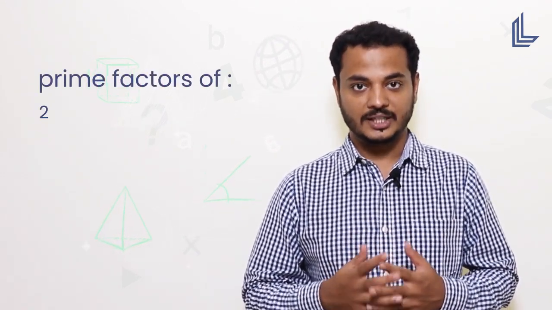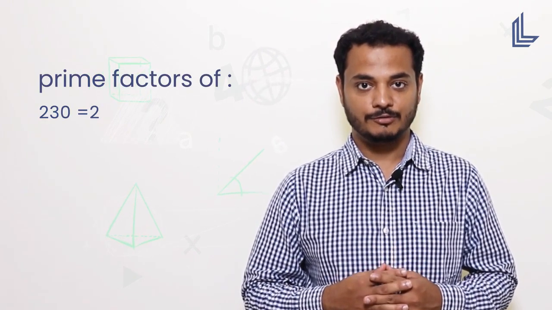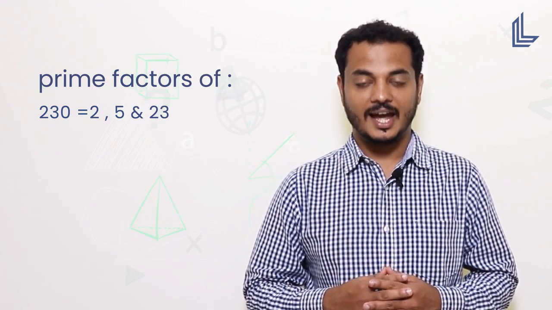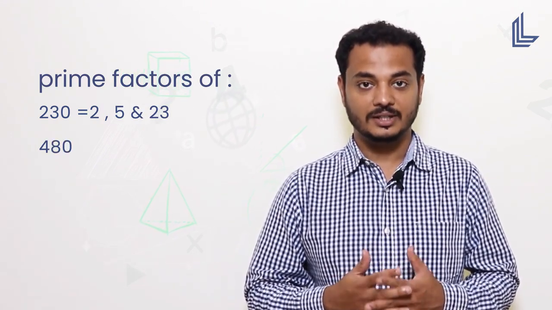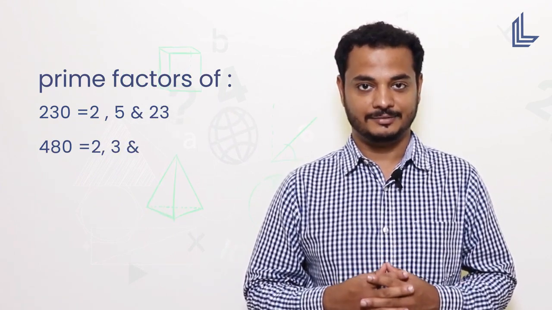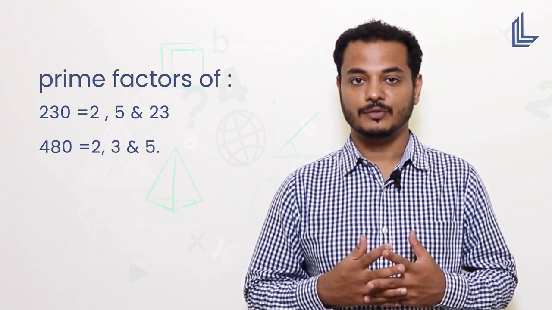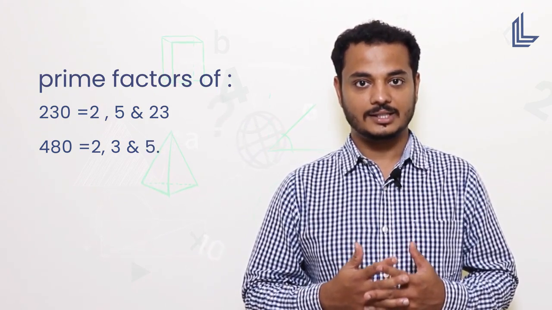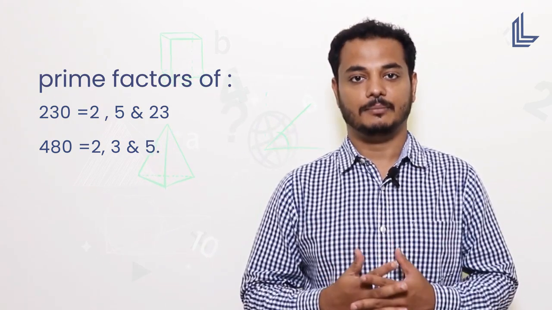In the examples that we saw above, 230 is composed of prime numbers 2, 5 and 23. And the number 480 was built using prime numbers 2, 3 and 5. Right? So when you look at any composite numbers, you always think of it as composed of prime numbers.